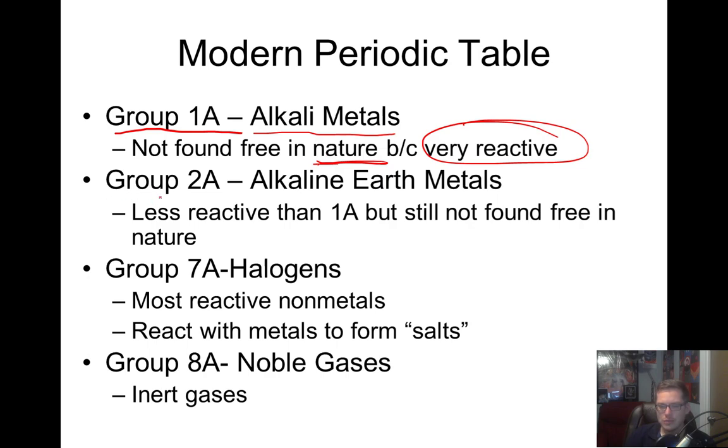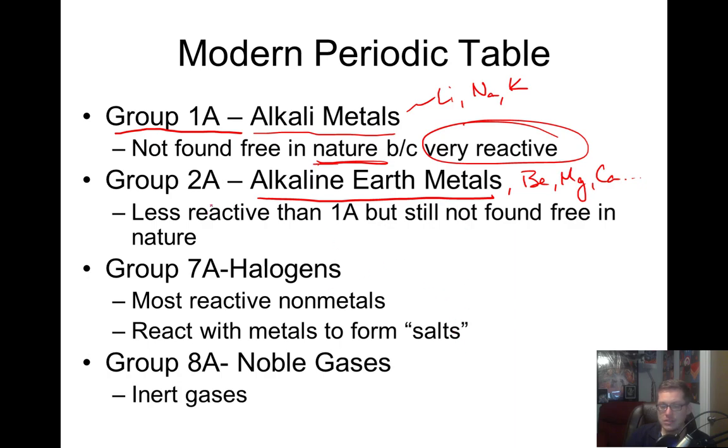Group 2A is the alkaline earth metals. So the alkali metals are lithium, sodium, potassium, rubidium, cesium, etc. The alkaline earth metals are the group right next to the alkali metals, like beryllium, magnesium, calcium, etc., down that column.